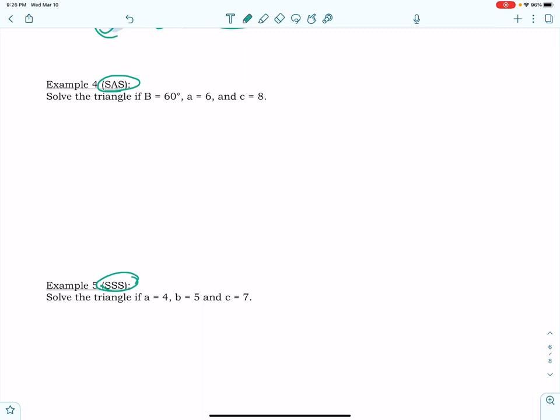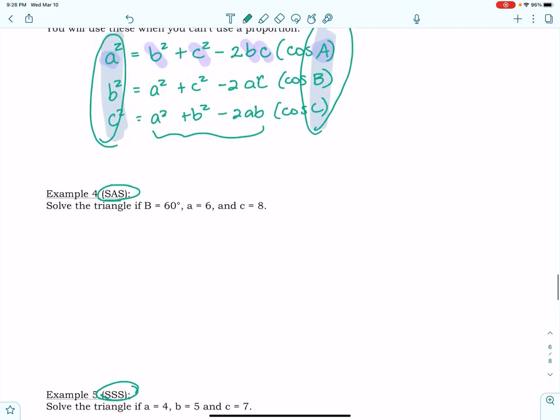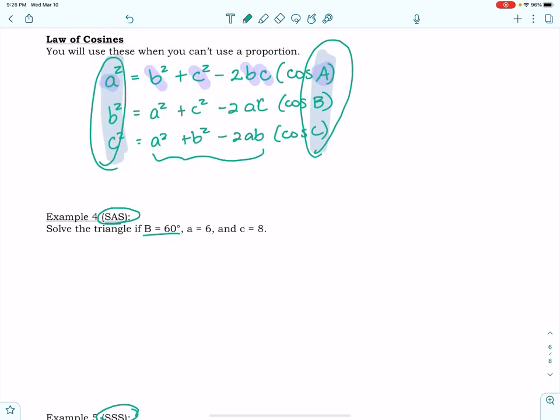So what we've got to figure out is which one of these setups we are going to use. So if you'll notice, we've got angle B, side A, and side C. So that means we're going to be using this one right here.